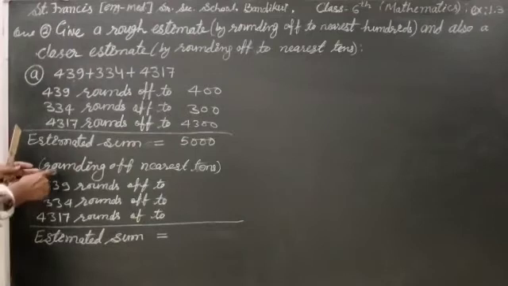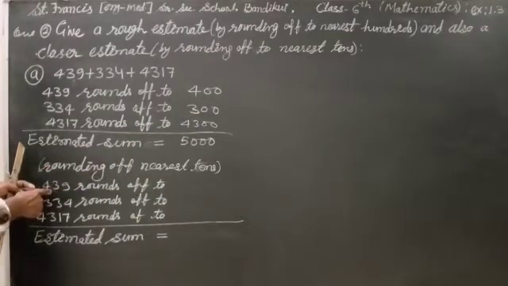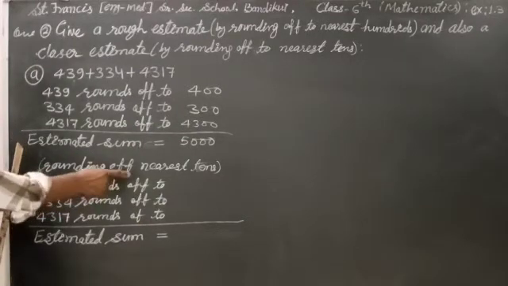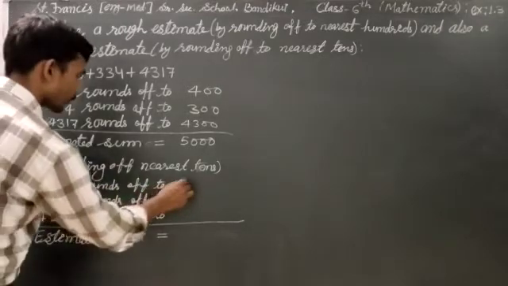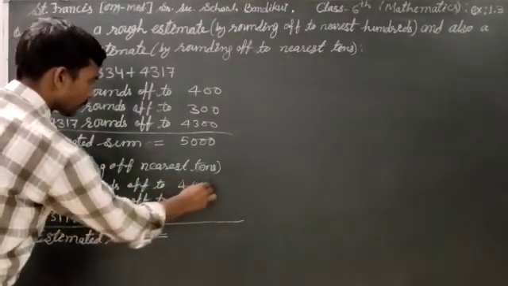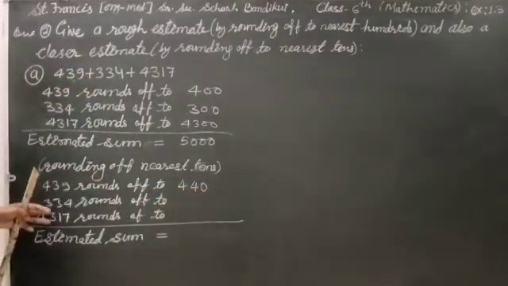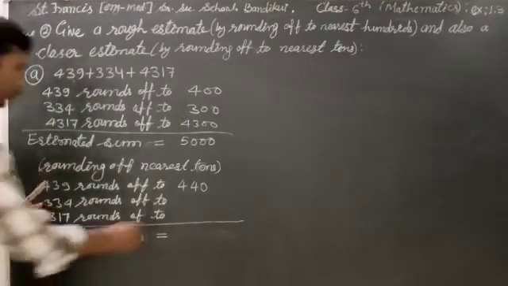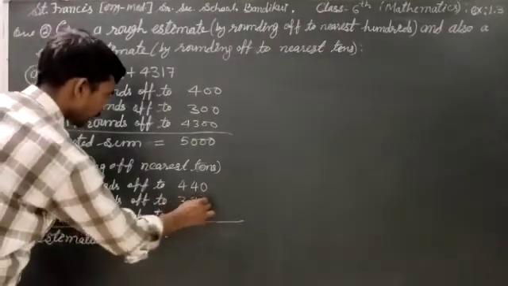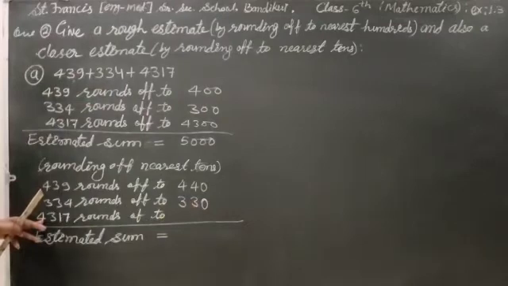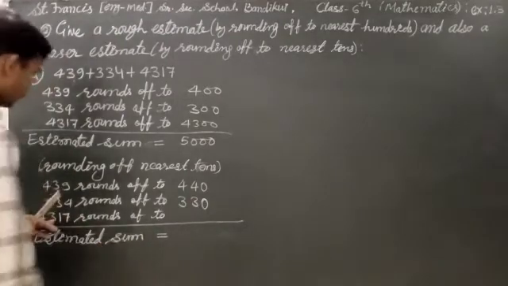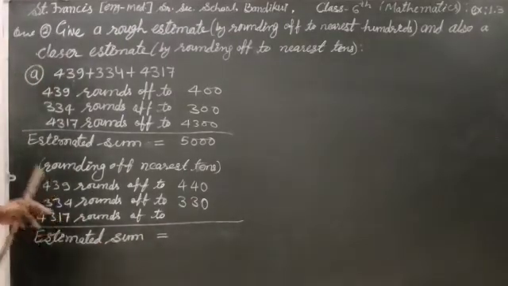In rounding off to the nearest tens, 439 rounds off to 440, 334 rounds off to 330, and 4,317 rounds off to 4,320.